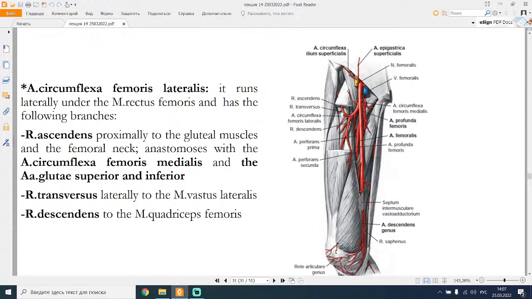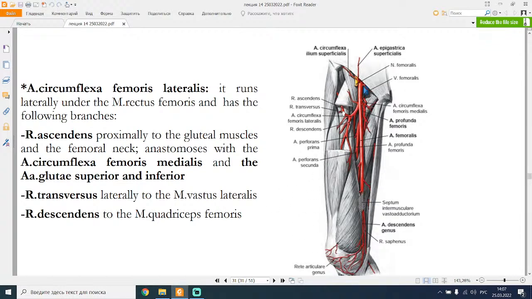Ramus transversus goes laterally to musculus vastus lateralis. This is musculus rectus femoris.